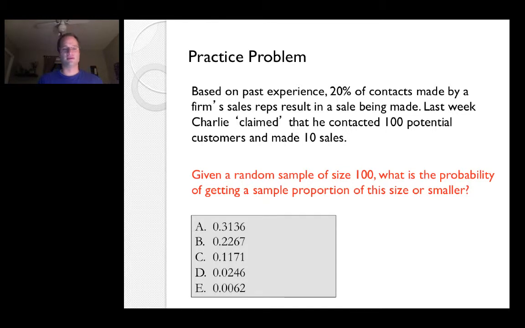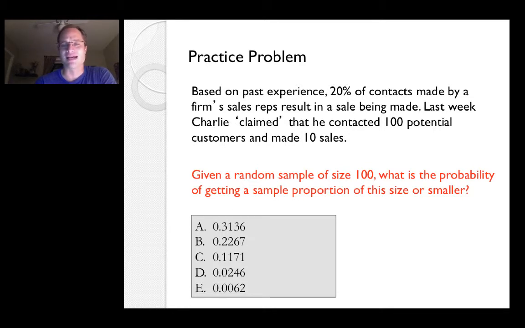So here's the practice problem I want to go over to get practice with this. Based on past experience, 20% of contacts made by a firm's sales rep resulted in a sale being made. So 20% is going to be the historic probability, and we're going to use that as our population probability of a success, 0.2.